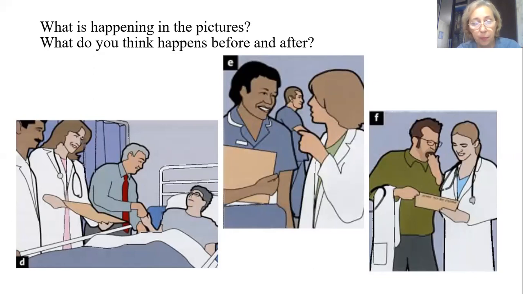And the other people next to the doctor, who are they? Ma'am, they are the practicing students. Okay, possible. Or maybe junior doctors, right? Or consultants, also possible. Yes, ma'am.